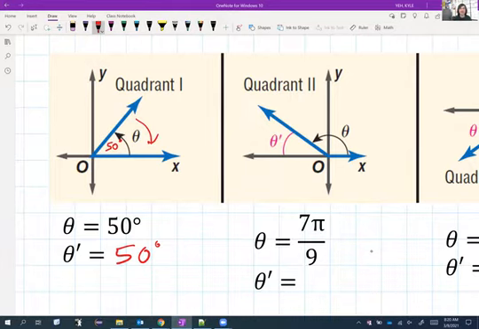But what about this second example on the screen right now? We're in quadrant 2, and we're told that theta equals 7 pi over 9. If you remember those radians, 0 and 2 pi is a full circle, and so pi is over here.